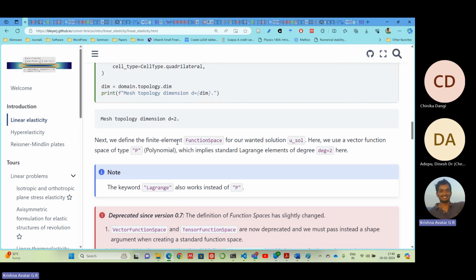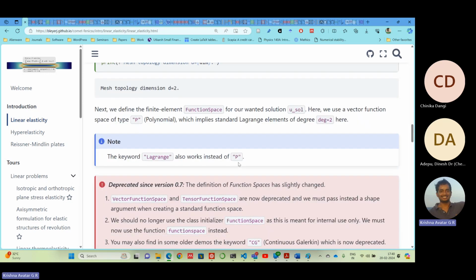Now we'll come to define the finite element function space for our u solution. Since we are dealing with a 2D problem, now we'll have a vector function. So here we use a vector function type of P, where P is polynomial, which implies standard Lagrange elements of degree 2 here.